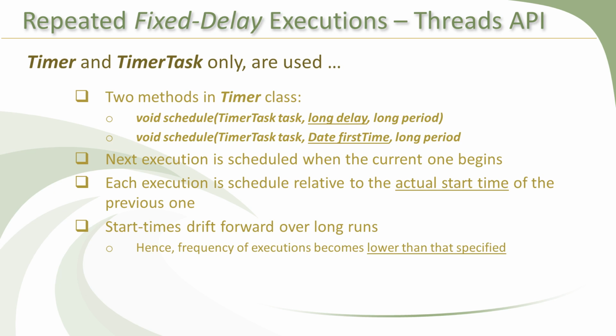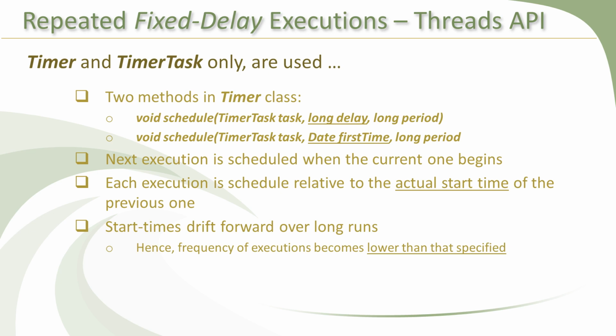For example, if you specify that the task should run every 2 seconds, then its frequency is 30 times per minute. However, in the long run, you will observe that the frequency comes out to be lower than 30 times per minute because of some milliseconds difference between the scheduled execution time and the actual execution time. And I have already mentioned that the next scheduled execution time is calculated relative to the previous actual execution time.